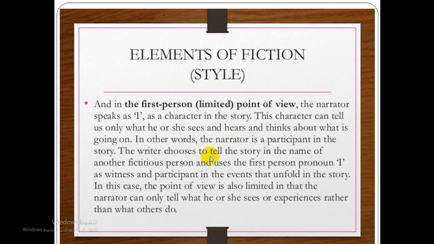The writer chooses to tell the story in the name of another fictitious person and uses the first person pronoun I as witness and participant in the events that unfold in the story. In this case, the point of view is also limited in that the narrator can only tell what he or she sees or experiences rather than what others do.